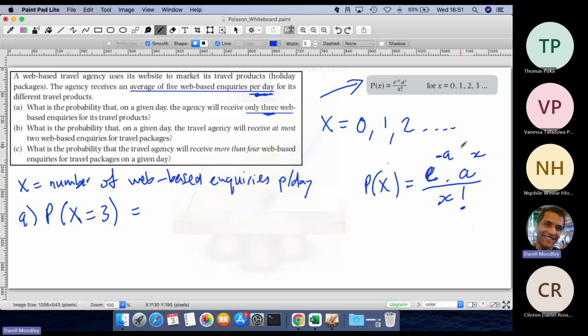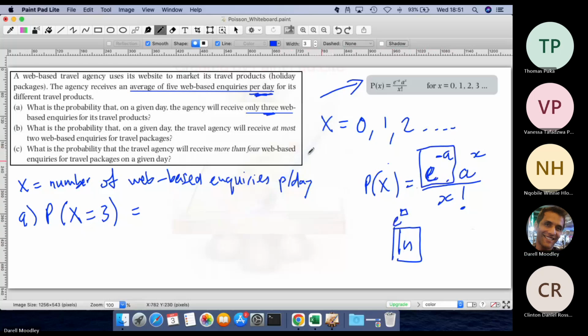This symbol e is not a variable. It's actually a value in your calculator. If you look for the LN button, above it, you'll see it has an E with a block. So that's what this is.